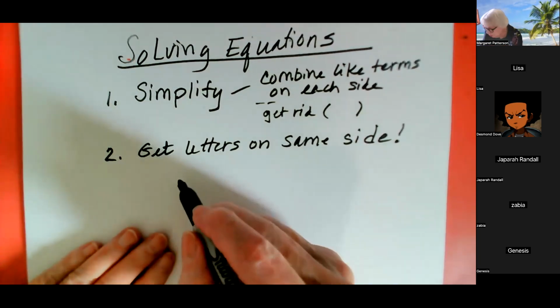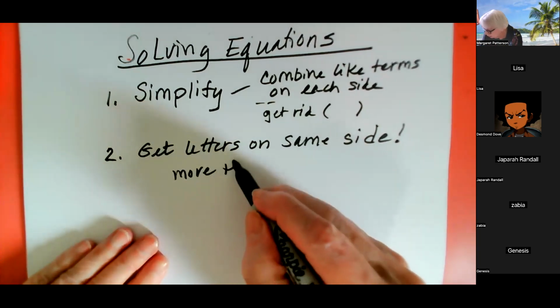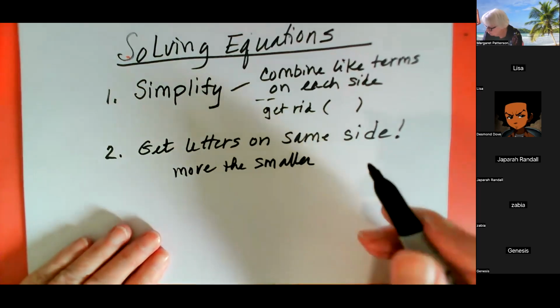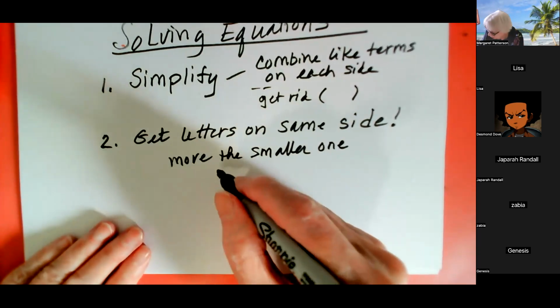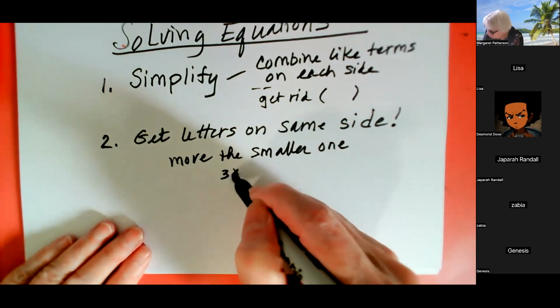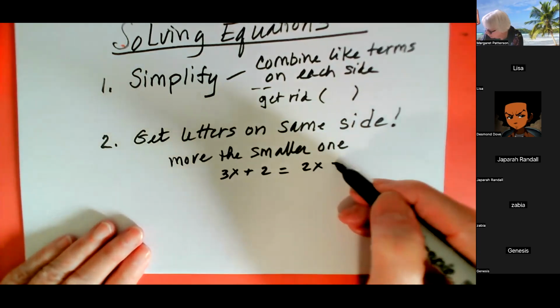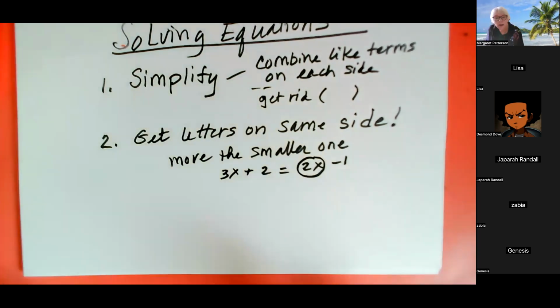And my suggestion would be to move the smaller term. So for an example, 3x plus 2 equals 2x minus 1. I would move that one by subtracting 2x to each side. Okay?